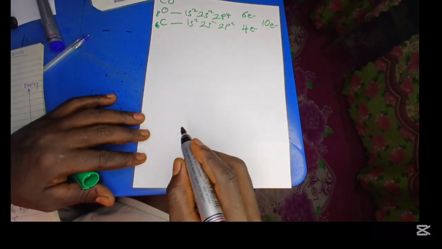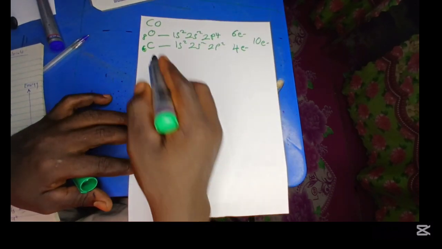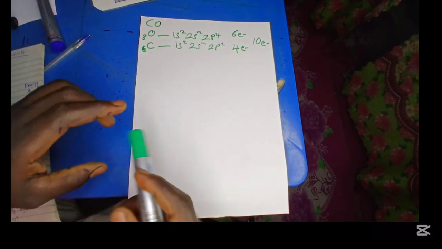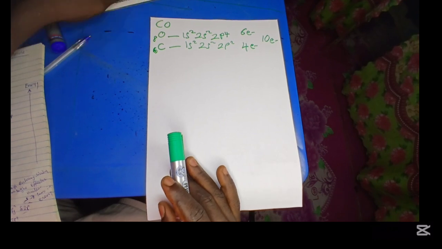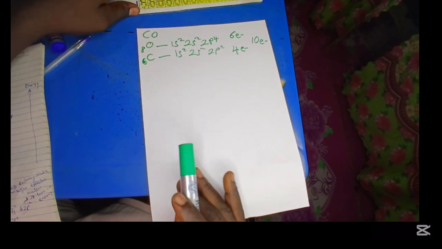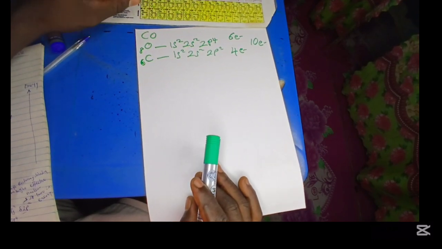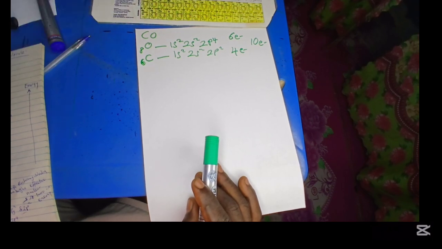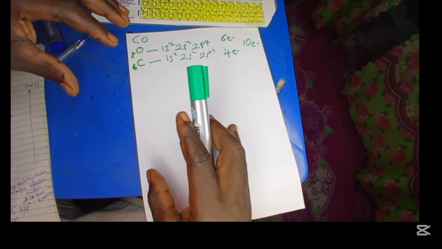First of all, we have to look at the individual atoms in the molecule, carbon and oxygen. Which one is more electronegative? The more electronegative one is going to be lower in energy, so the energy diagram is going to be tilted.